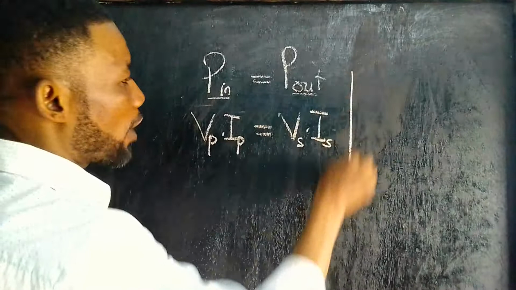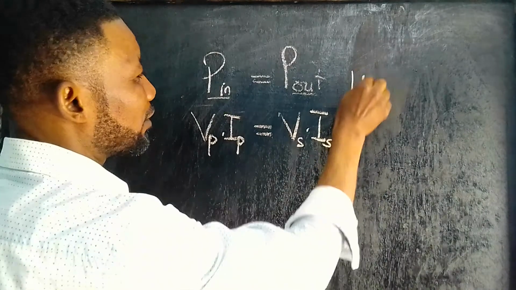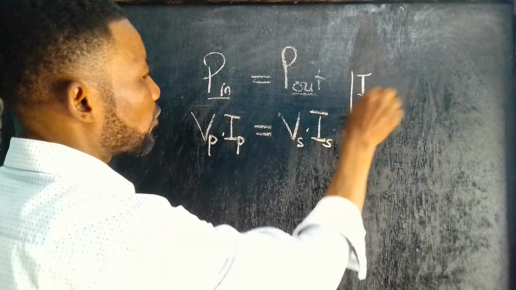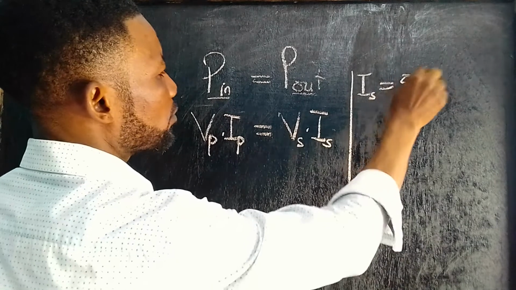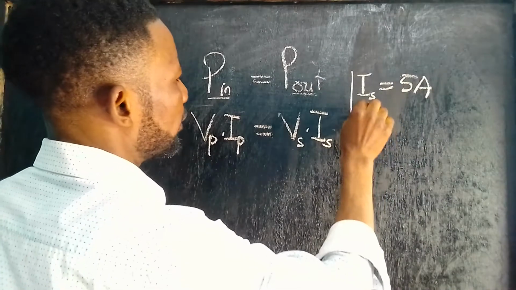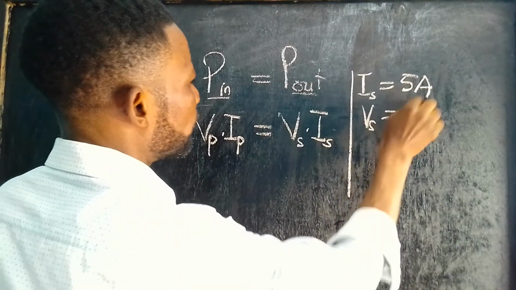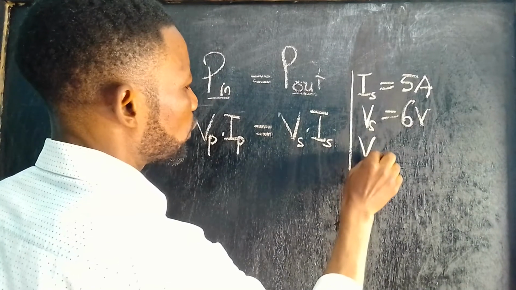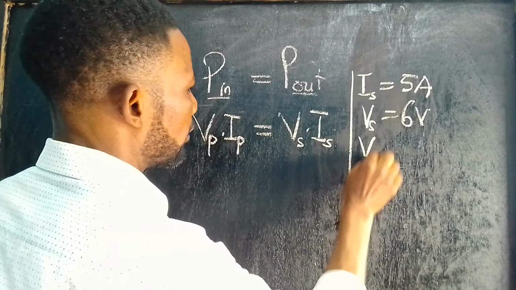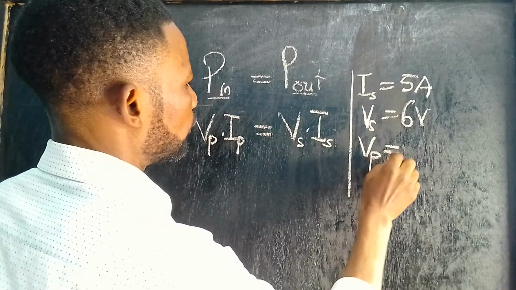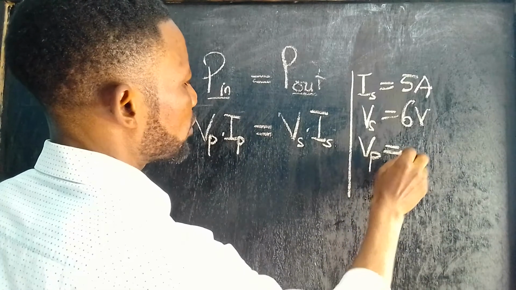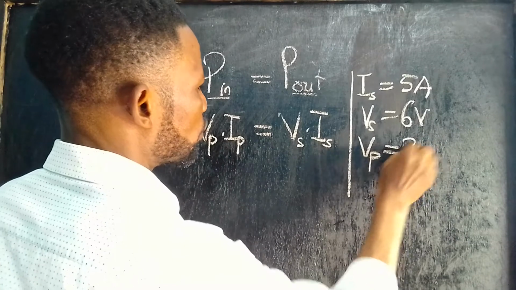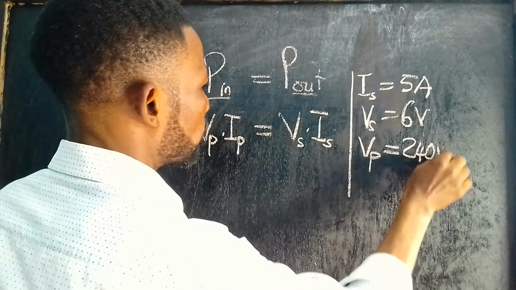Now, we are told that the radio, which is the secondary, needs 5 amps and 6 volts, while the primary voltage across the socket is 240 volts.